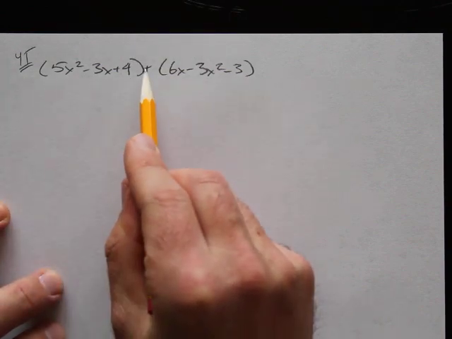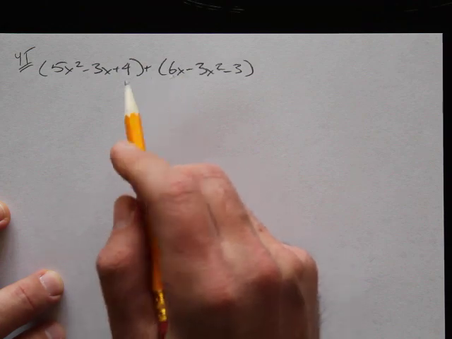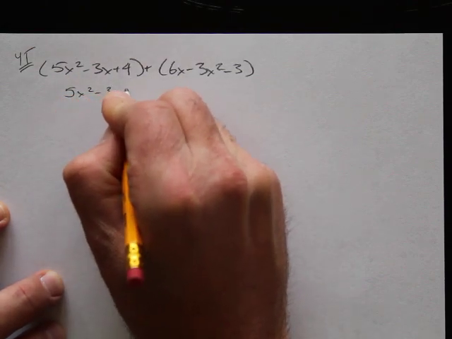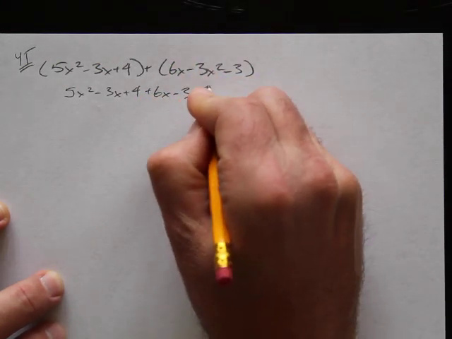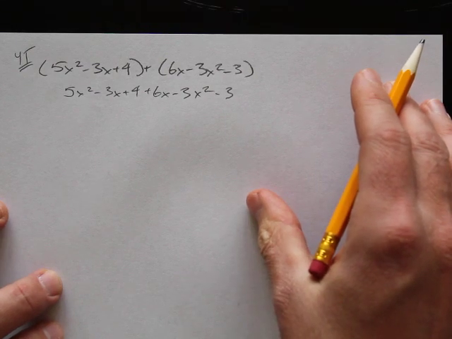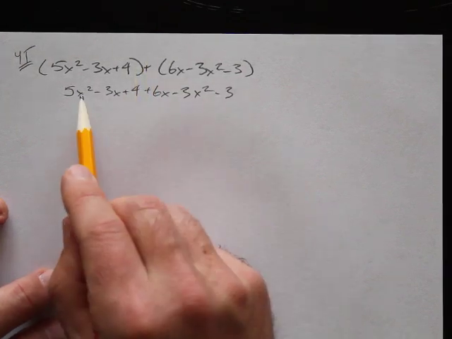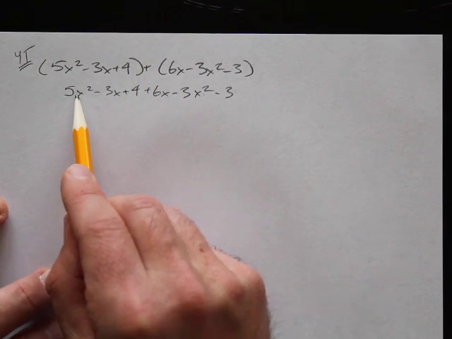All right, again, this is plus here, so I can just ignore the parentheses. If the parentheses are bothering me, I can just rewrite the whole thing. That's okay. 5x squared minus 3x plus 4 plus 6x minus 3x squared minus 3, just so that I don't have the parentheses anymore. Now I'm going to find my greatest degree term here, and that's this squared and this squared. So I've got 5x squared.